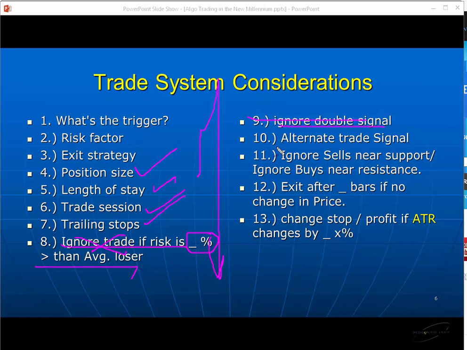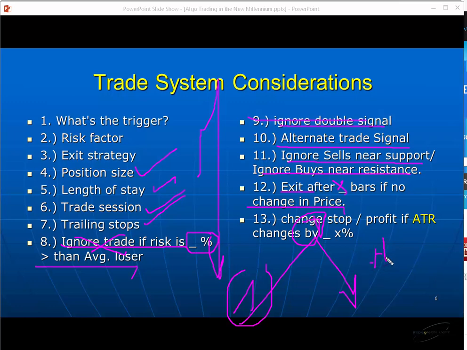You want to consider alternate trade signals. If it gives a long and the trend is up, and then all of a sudden it reverses and gives a trend reversal, do you want to take those alternate trades? You want to ignore sell signals near support and ignore buy signals near resistance. After all, you want to exit after X amount of bars if there's no change in price. So let's say I get long the market. Here's a bar chart.